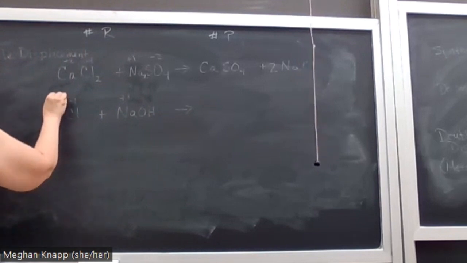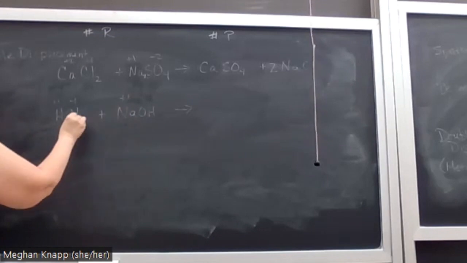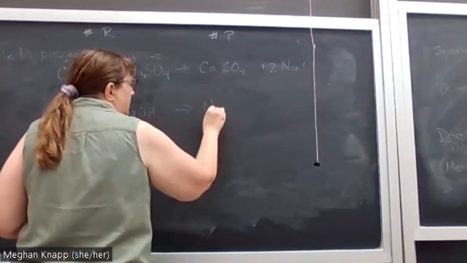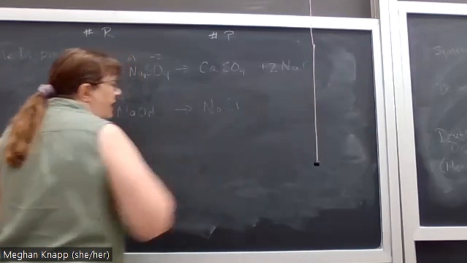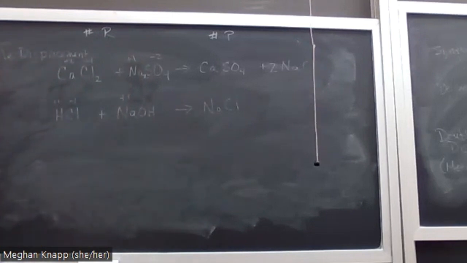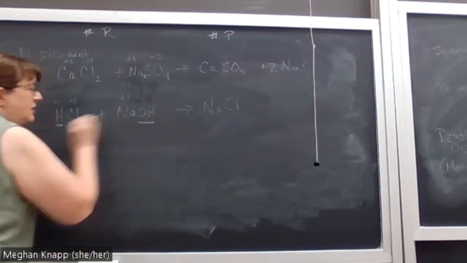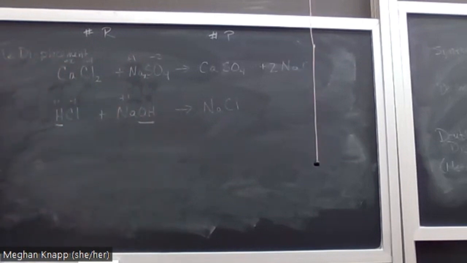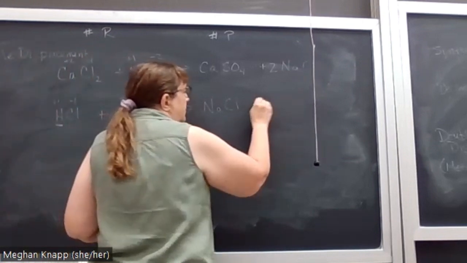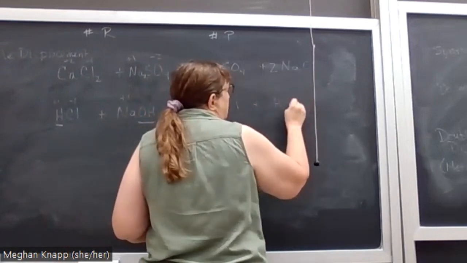So this is going to be a +1. So we'll get together sodium and chlorine. So we got an ionic compound there, but what's left over is this hydrogen and this OH. And when I combine those, I get H2O.